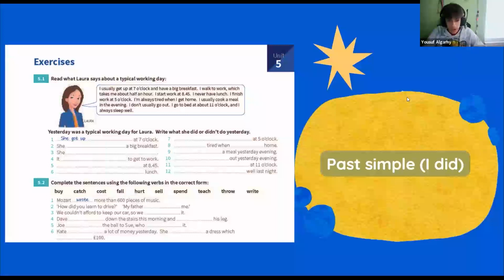Number seven, blank at 5 o'clock. She finishes work at 5 o'clock. Good. Number eight, blank tired when blank home. This one would be she's always tired when she gets home. All right. Number nine, blank a meal yesterday evening.